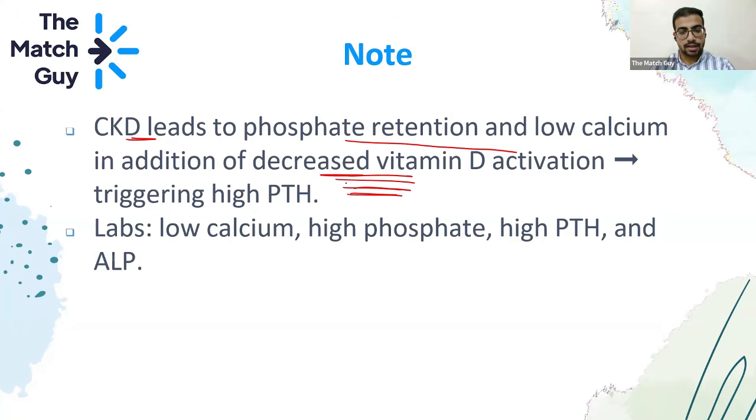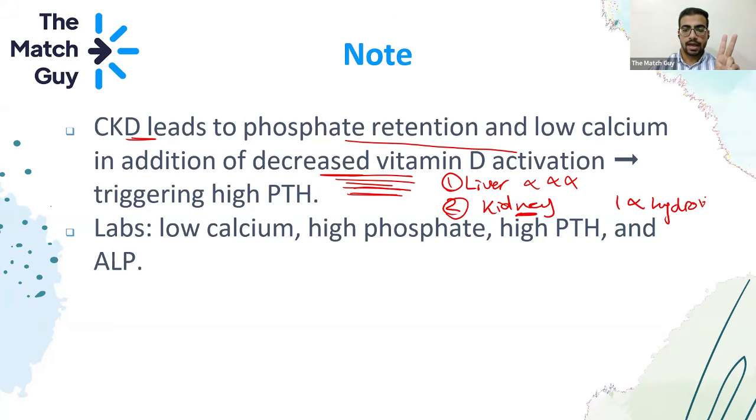So that's something else. Where does vitamin D get activated? Vitamin D gets activated in two sites. First of all, the liver, and clinically and in questions, we don't care about that. The second site of activation by 1-alpha hydroxylase enzyme is in the kidneys. And what actually stimulates this enzyme in the kidneys?